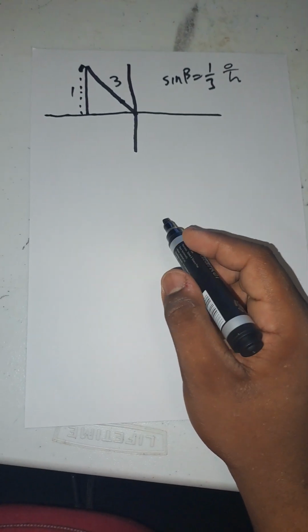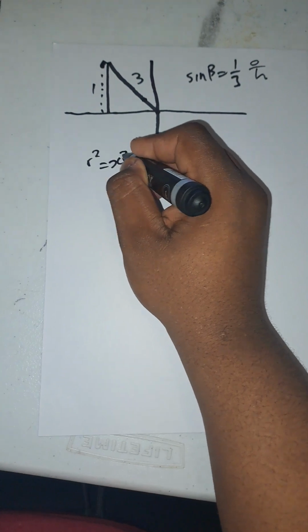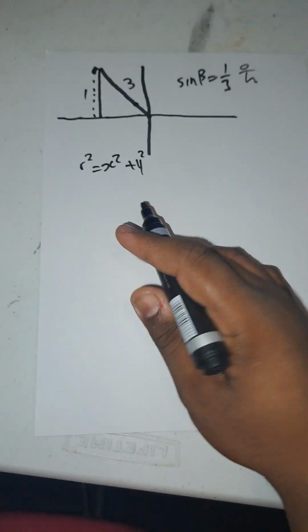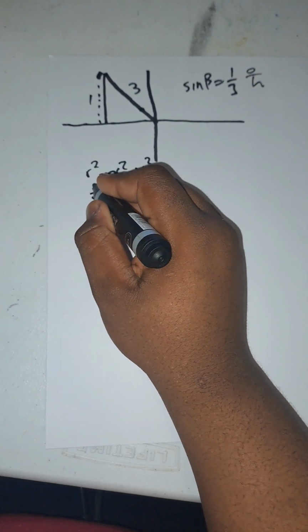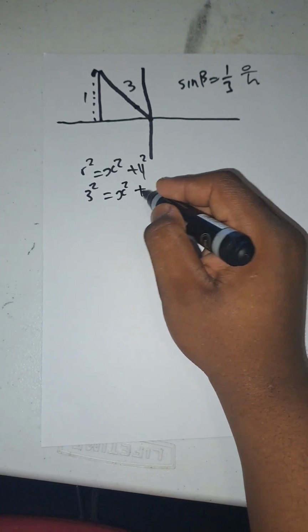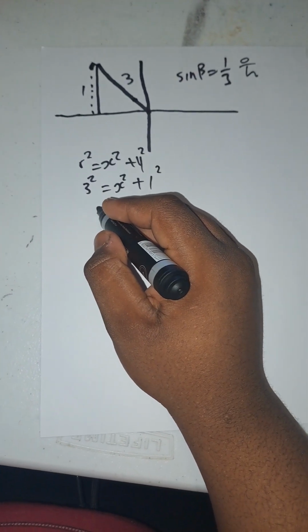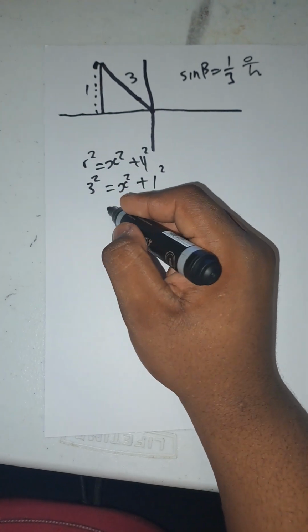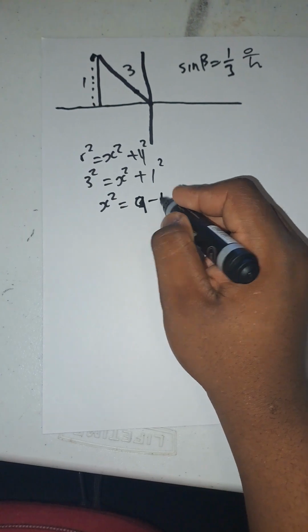So we know that the formula on trigonometry is r squared is equal to x squared plus y squared, right? So now we have 3 squared equals x squared plus 1 squared. So basically x squared is equal to 9 minus 1.